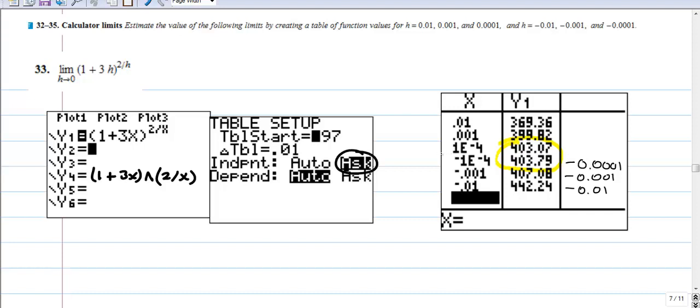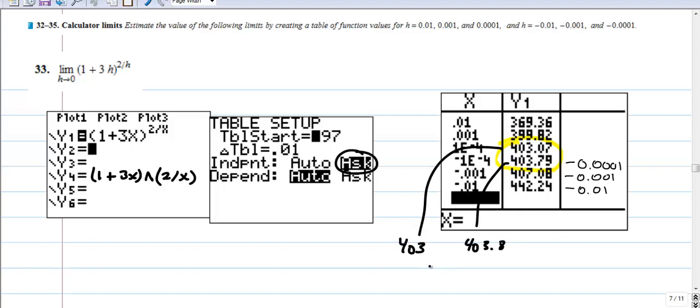And so I would probably want to estimate maybe about halfway here. So let's see. That's 403, and this is about 403.8.